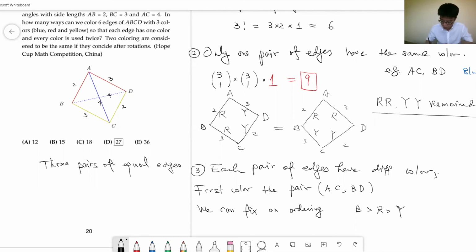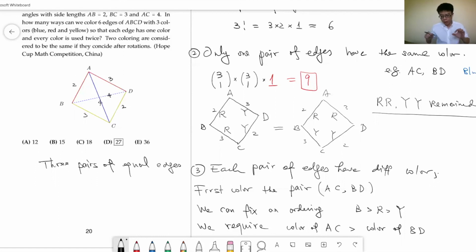If this is done, we can basically require the color of AC to be larger than the color of BD. Why? Because if the color of AC is smaller than the color of BD, I can basically flip. So the upper one is larger color.